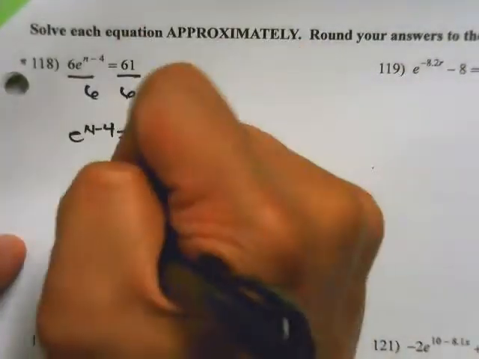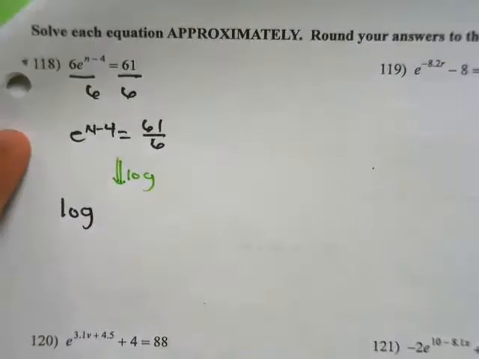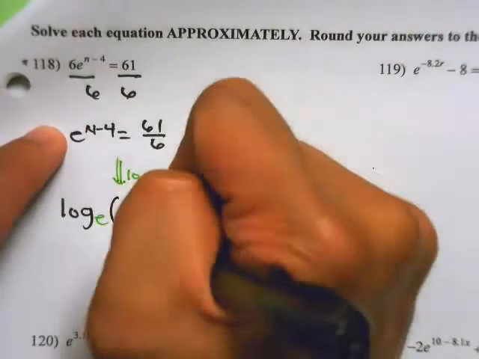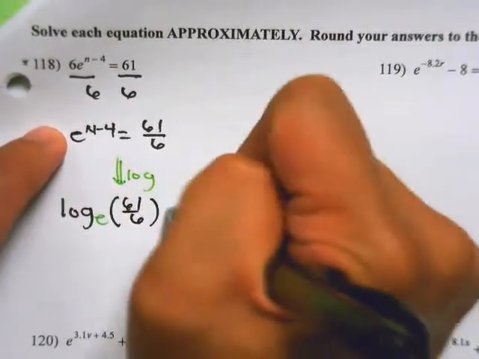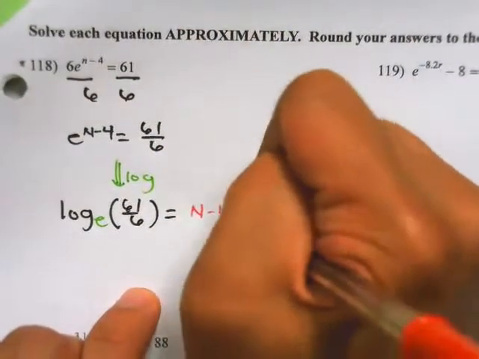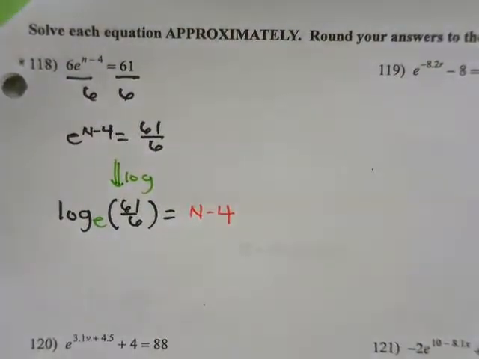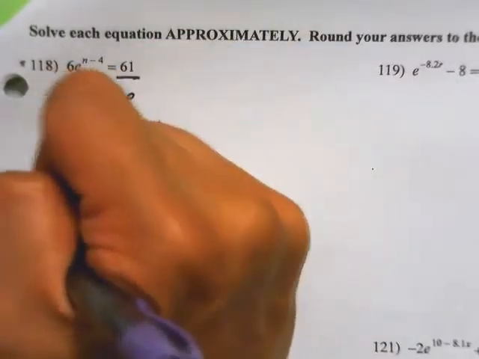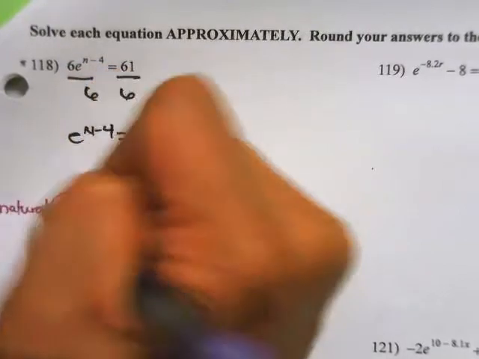Okay, log, what is our base? Our base is e. Our argument 61 over 6 is equal to our exponent n minus 4. We are going to have a new definition right now. If you see log base e, this is the definition of natural log.